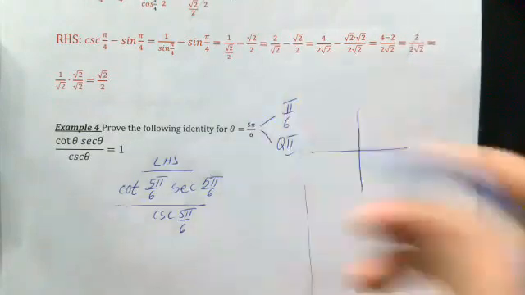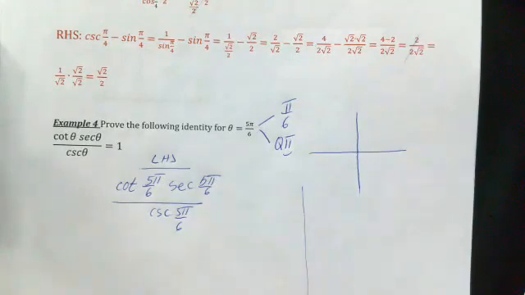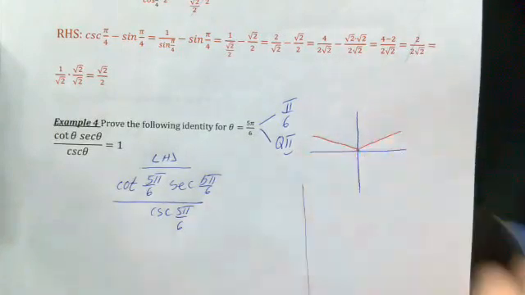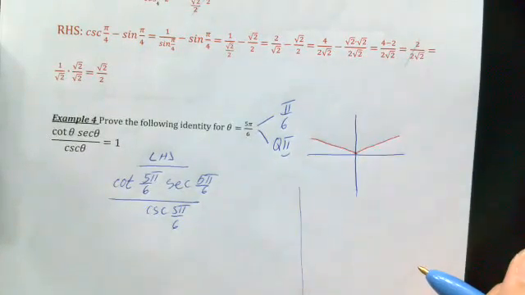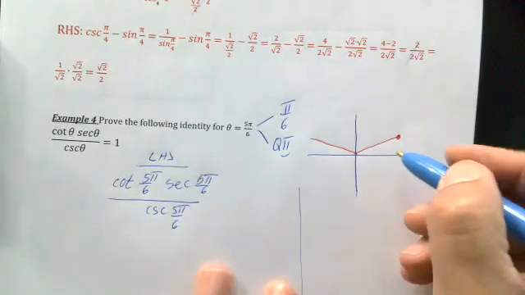Pi over 6. So pi over 6 is this angle right here, the first one, the 30 degrees, and in quadrant 2, that's the one. What are the points on the unit circle for pi over 6 angle?